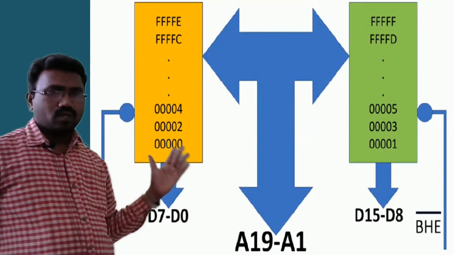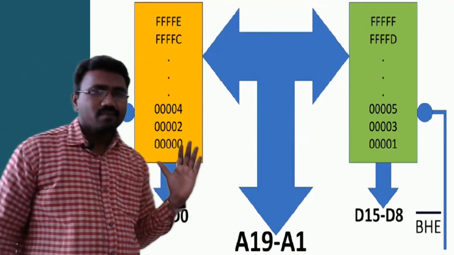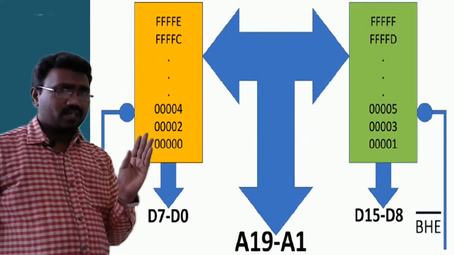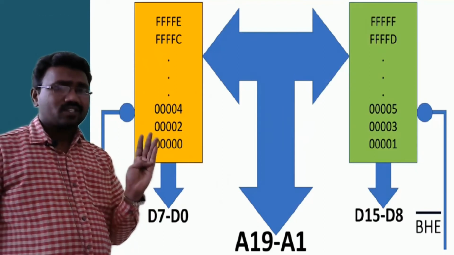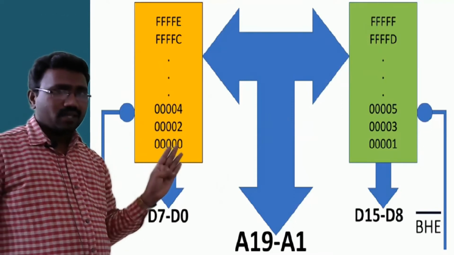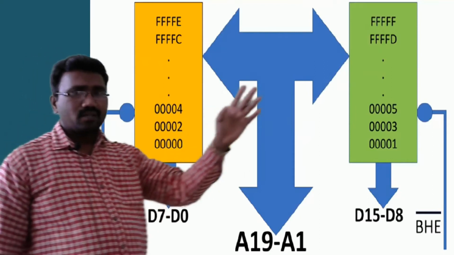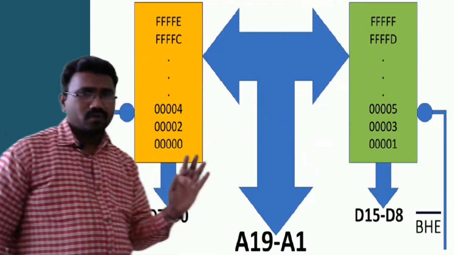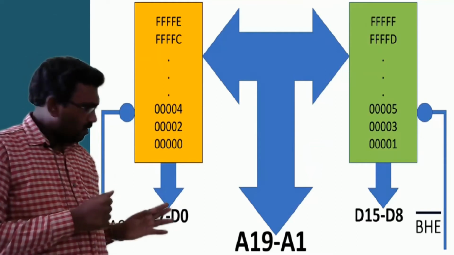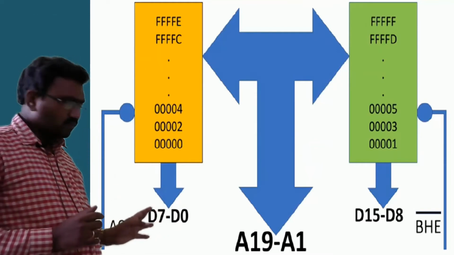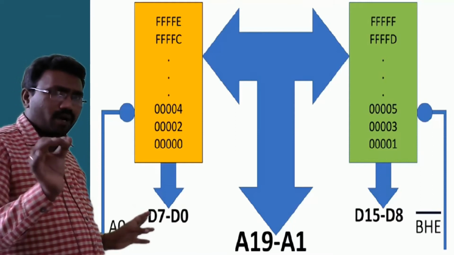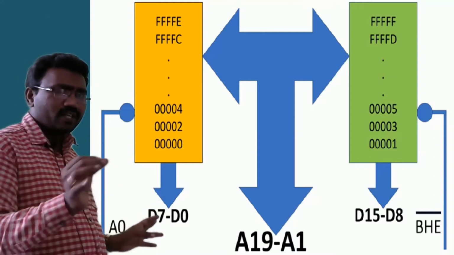Suppose the processor wants to access 16-bit data from the even address 2 and the odd address 3. The lower byte is available in the even bank, the higher byte in the odd bank. Suppose the processor generates address 2. In the 20-bit binary number 2, what is A0?